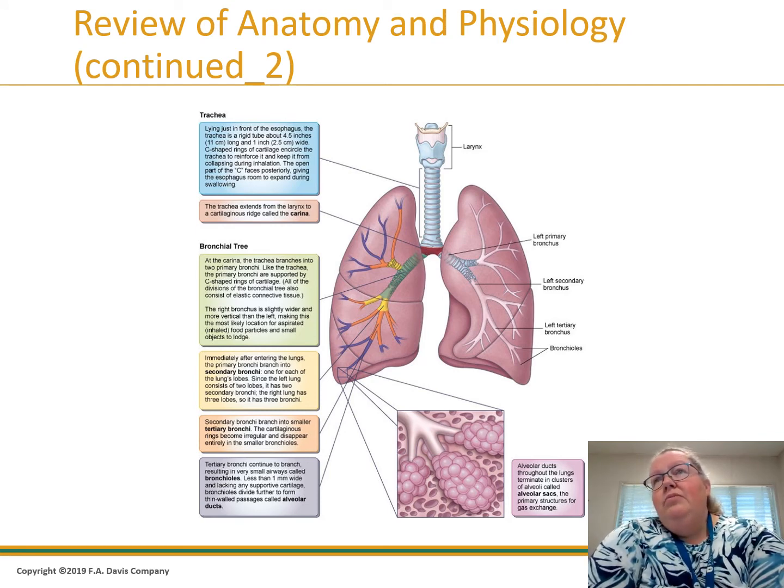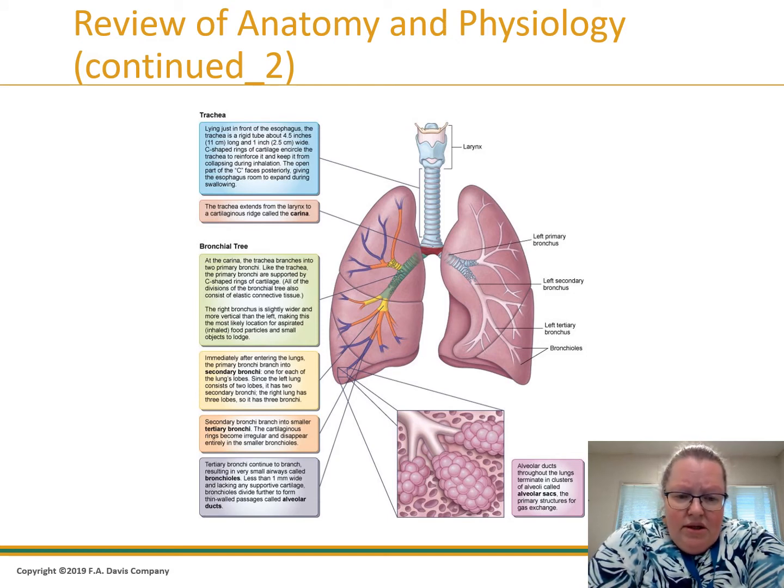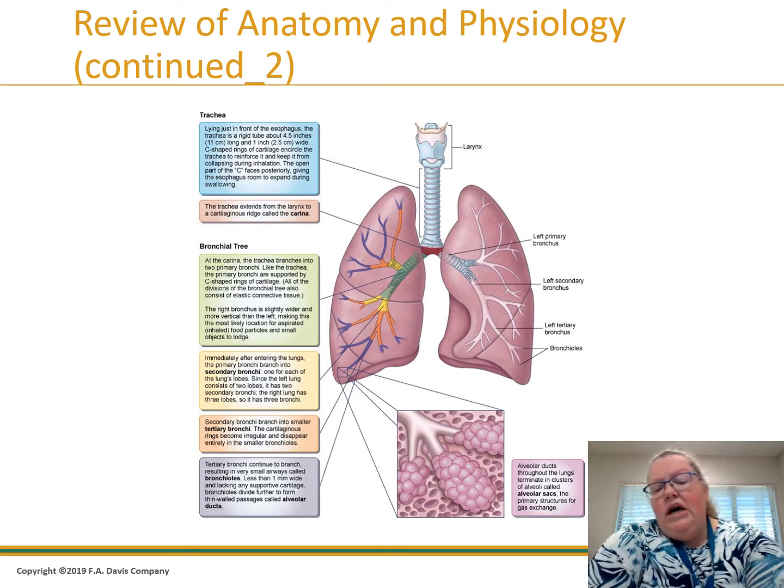They do become also more vulnerable. Tertiary bronchi continue to branch, resulting in very small airways called bronchioles, less than 1 millimeter wide and lacking any supportive cartilage. Bronchioles divide further to form thin-walled passages called alveolar ducts.